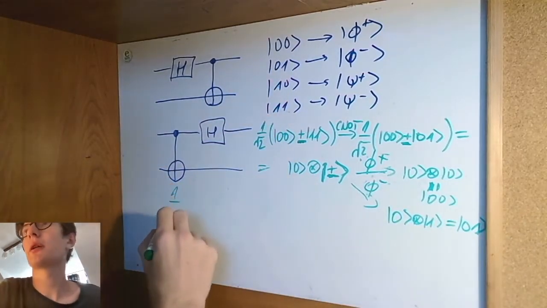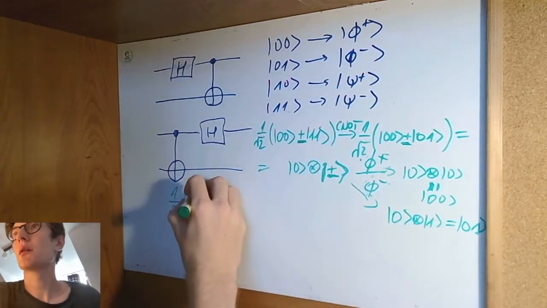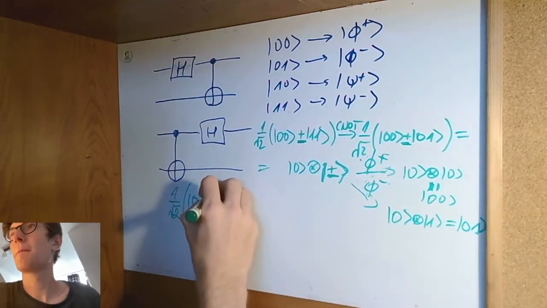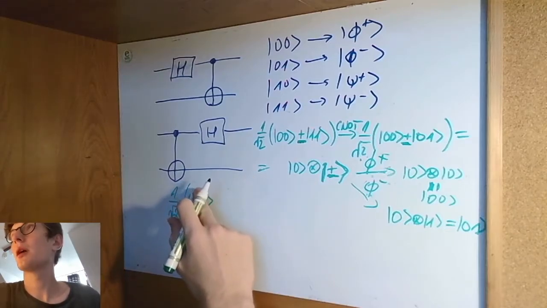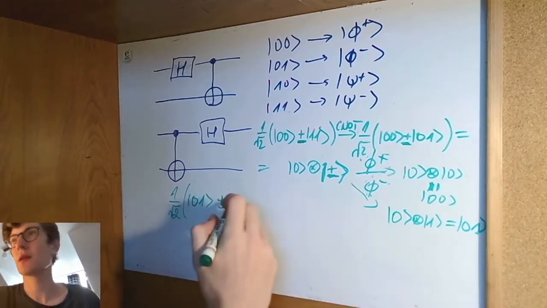We can also quickly verify that it also holds for psi plus and psi minus. So 0, 1, or actually, yeah, 0, 1, plus minus. We will deal with two cases at once, okay?